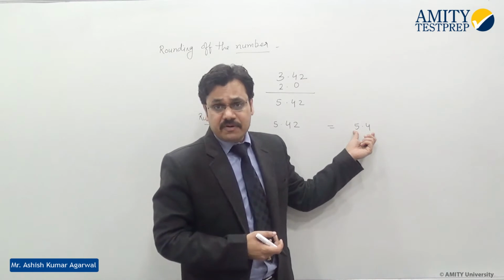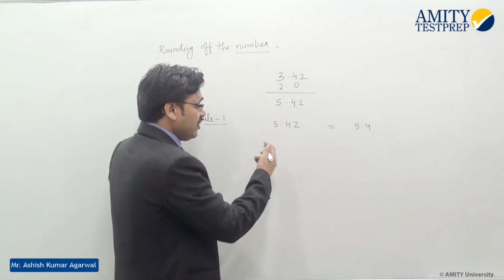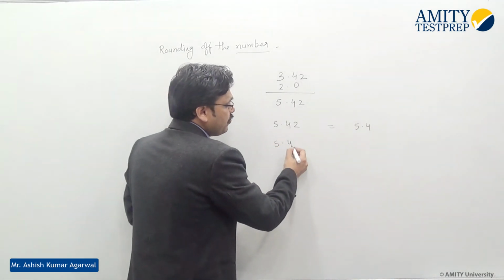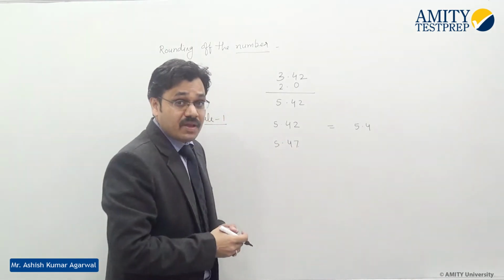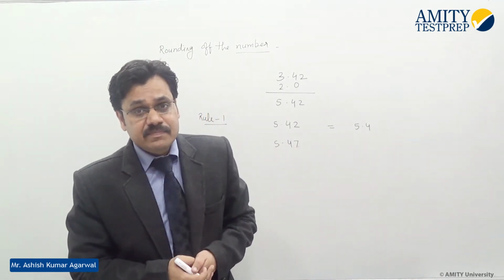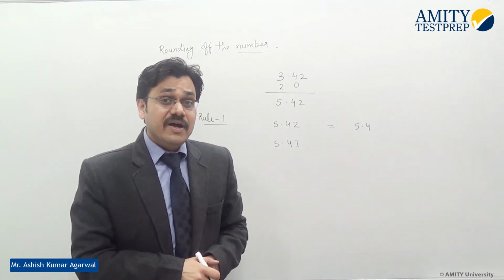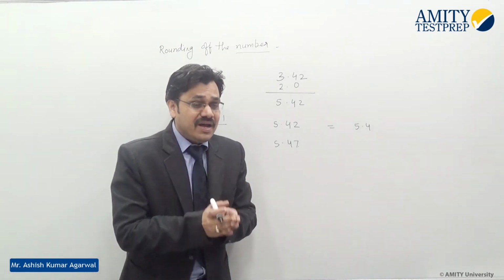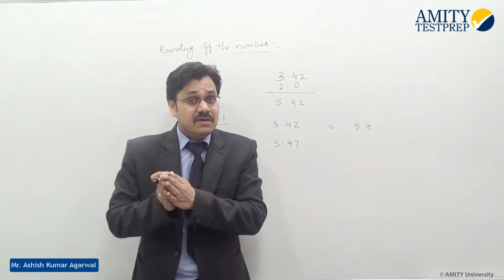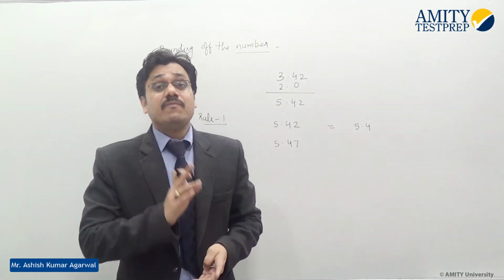The answer is 5.4. Suppose the number is 5.47 and I have to drop the 7. If the dropped digit is more than 5, then I have to raise the previous digit by 1.